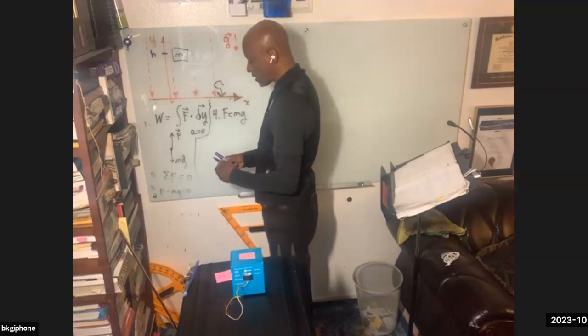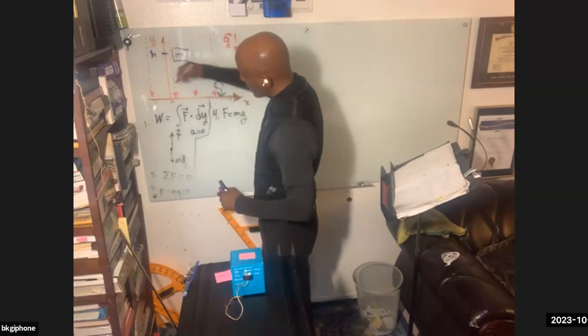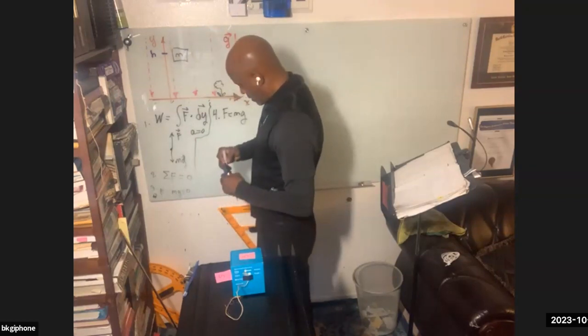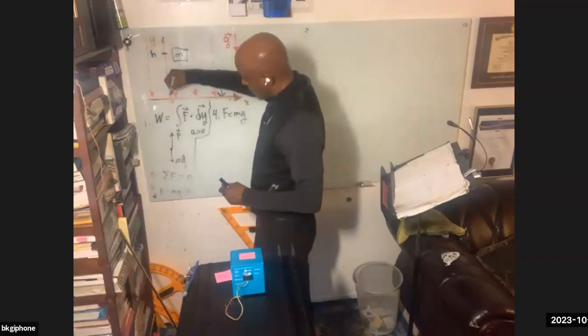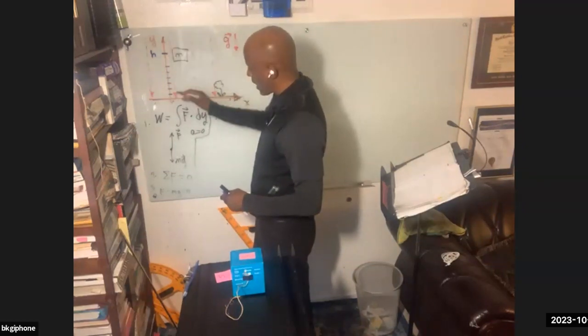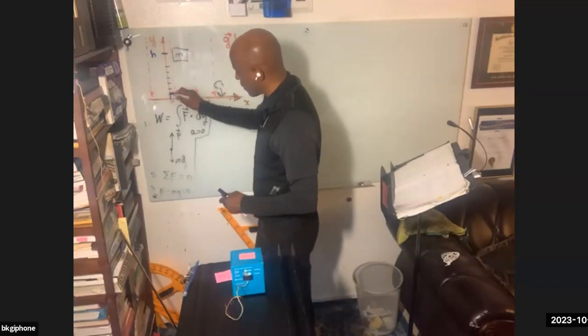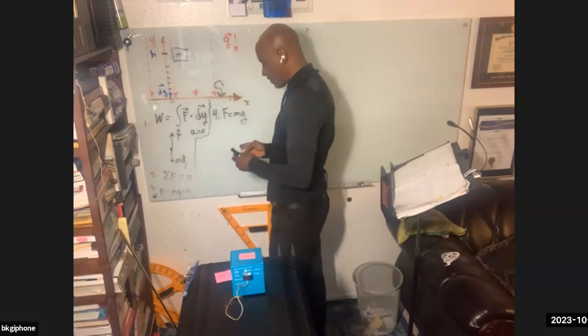Now, dy is just a differential path length. So dy has the direction of y, and it's just like splitting this path up into differential lengths, and you're doing the dot product between F and dy at every point. So dy is actually pointing along the positive y direction.